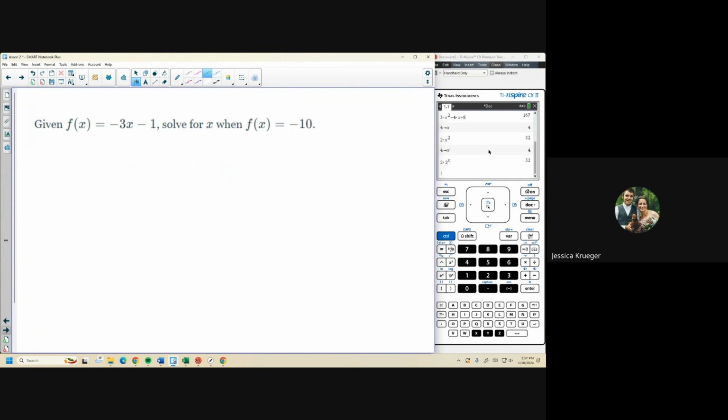Okay, given f of x equals -3x minus 1, solve for x when f of x is -10. So f of x is -10, which means I'm going to take that -10 and replace f of x with it.